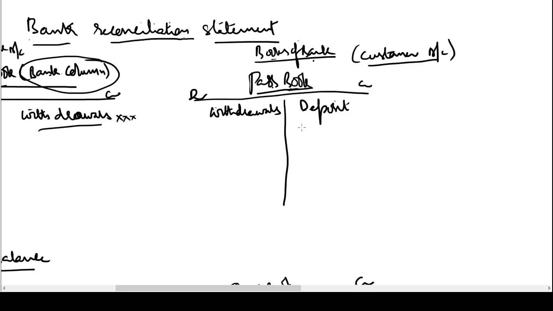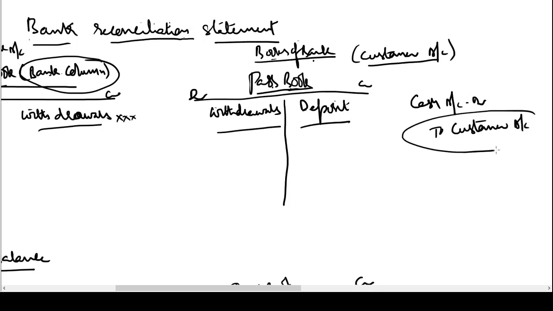In the passbook, deposits are credited and withdrawals are debited. Let us say we deposit money in the bank. Now what will be the entry in the books of the bank? Bank is getting cash. So cash account will be debited. Who is giving this cash to the bank? Customer. So customer account will be credited. That is why deposit is credited.